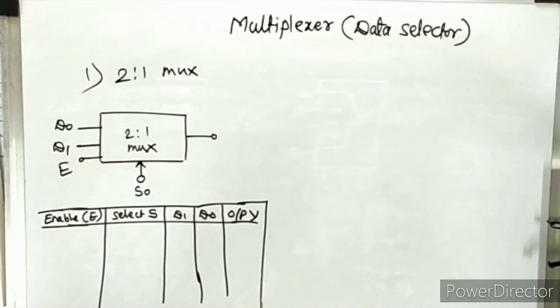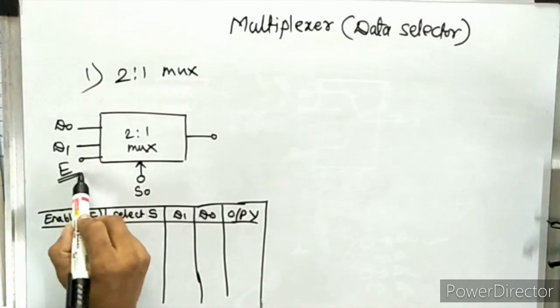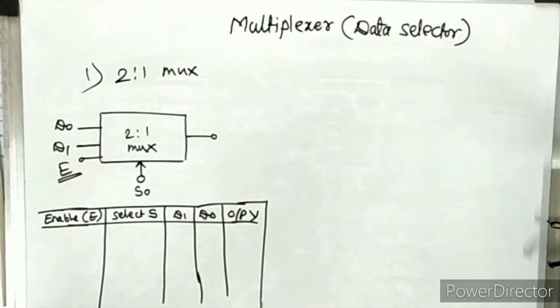This is the chip select input, or this is used to turn on the multiplexer.